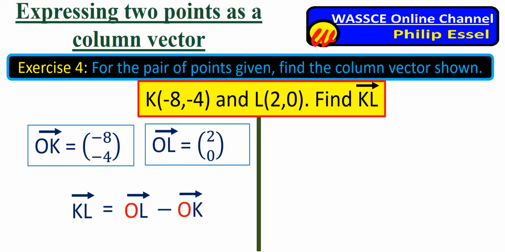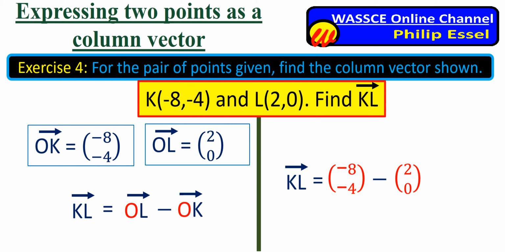At this point, we would substitute the position vectors into the vector equation. And when we do this, we would get vector KL to be equal to the vector OL, which is (-8, -4), minus the vector OK, which is (2, 0).